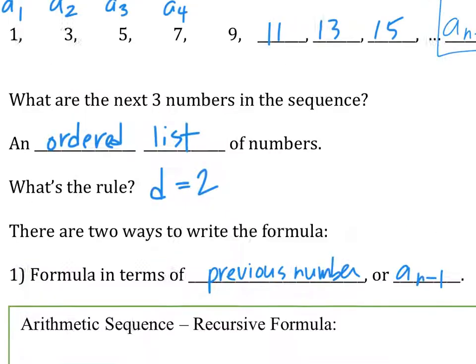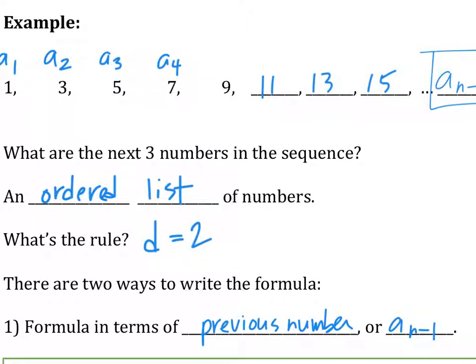Okay, so for example, I stop at 15. So I'm going to ask you, what is the next number? 17. So then the recursive formula says, I ask, what is the next number? You're going to tell me, whatever that last one is plus 2.